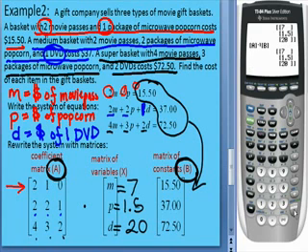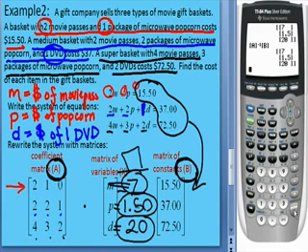So you would write a sentence that says, each movie pass costs $7. Each package of microwave popcorn costs $1.50, and each DVD costs $20. So you would have a story answer to go with your story problem.